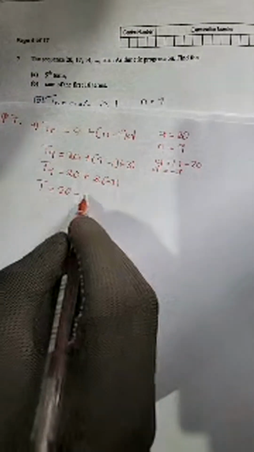So T9 is equals to 20 plus 9 minus 1 is 8, 8 times -3. Negative times positive is negative. 8 times 3 is 24.